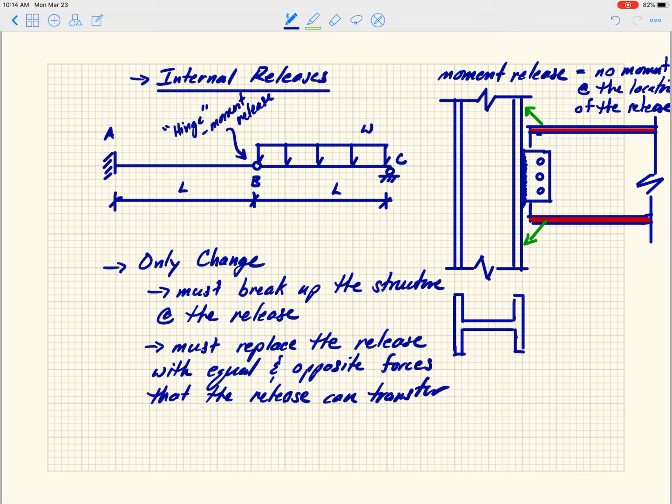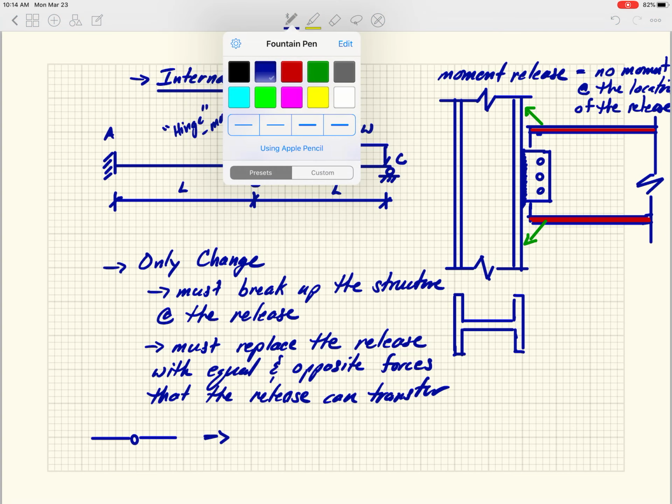Okay, so what do I mean by that? Well, you'll see it in the example here. But if I have a moment release, let me just draw this moment release.